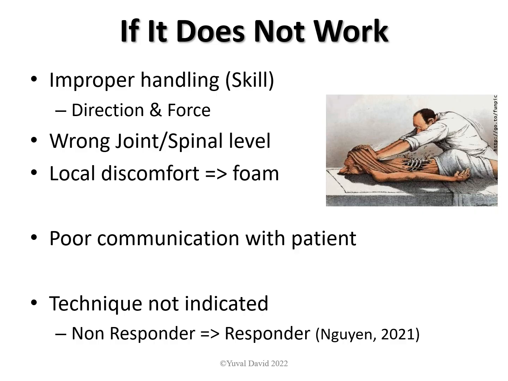When unsuccessful, we should first reflect on our performance and choice of direction and force. Another aspect to reflect on is re-evaluating our clinical reasoning behind joint or spinal level selection and the level of load treated in. In some cases, it's only the need for use of a foam to reduce local tenderness that can make the whole difference.